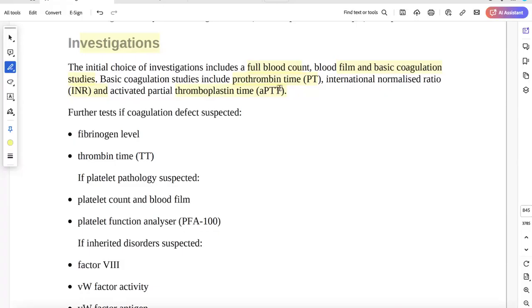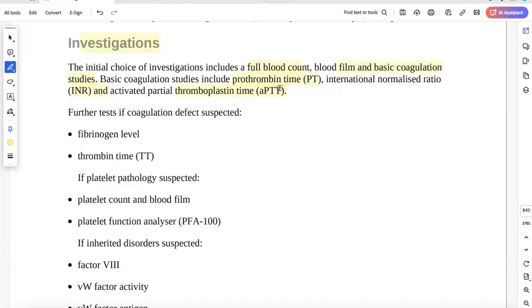Now, the PT and APTT: prothrombin time mainly represents the extrinsic pathway and the common pathway, and APTT looks at the intrinsic pathway.